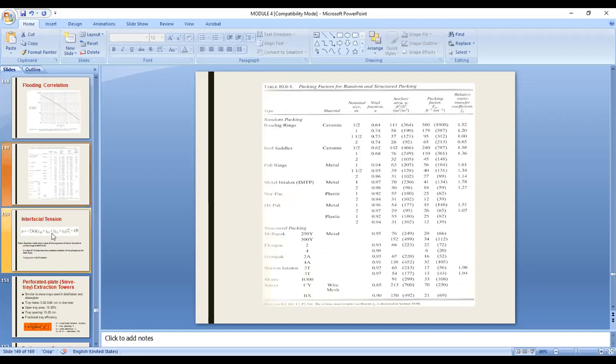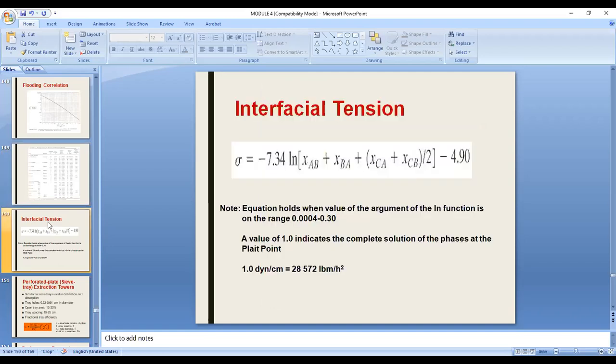Now, there are problems that do not give you the interfacial tension. You can still solve for the interfacial tension, and there's a sample problem on this as well from the reference. So you can solve the interfacial tension using this particular formula. This has a downside, however, because this one will only hold for an equation in which the argument of the ln function has a range of values of 0.0004 to 0.30.